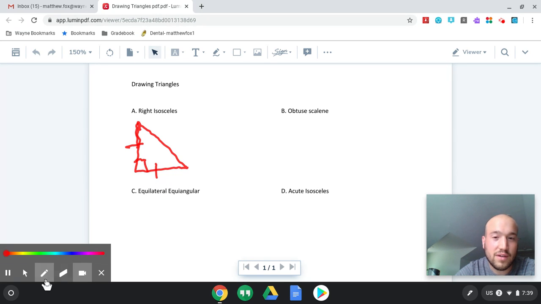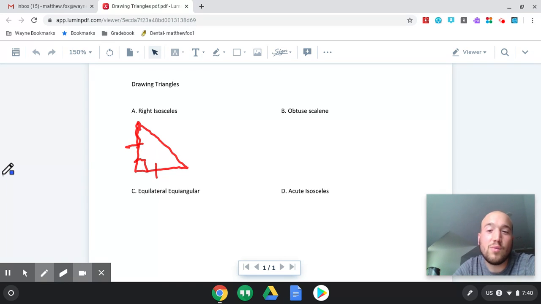Our next one, obtuse scalene. I'll do this one in a different color, blue. Obtuse means it's more than 90, less than 180, and scalene means all three sides have to be different in length.